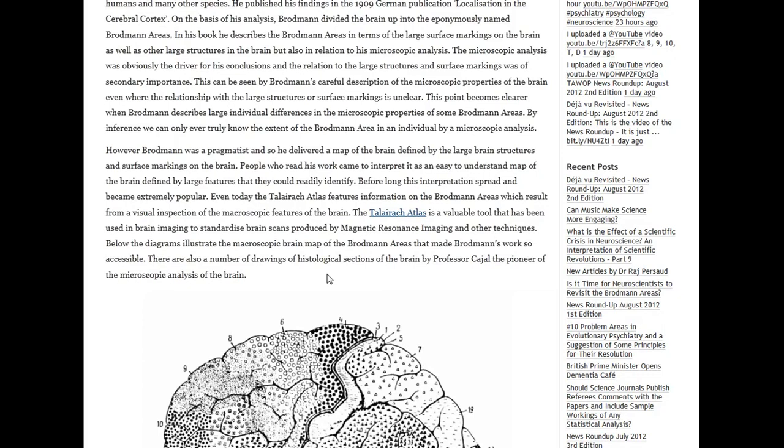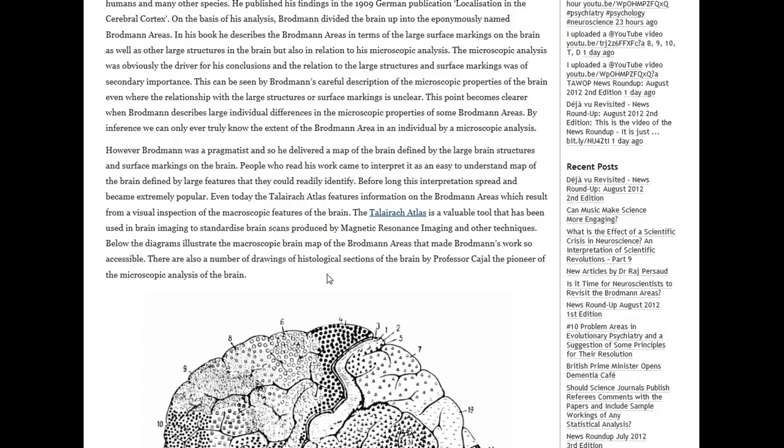And this Talairach Atlas, which has been really influential in organising brain images from MRI scans, for instance, has used the Brodmann areas, but interestingly has described them using the surface markings on the brain that was used as the basis for the Talairach Atlas.